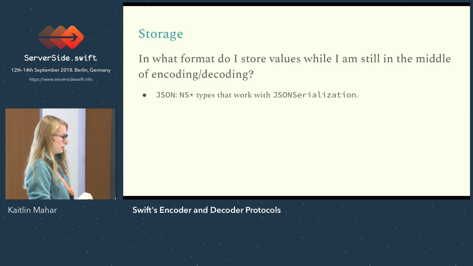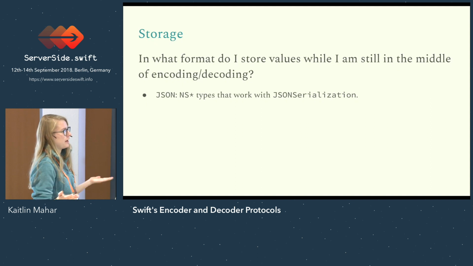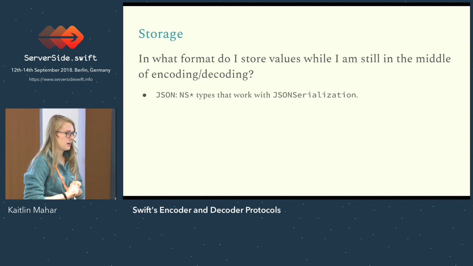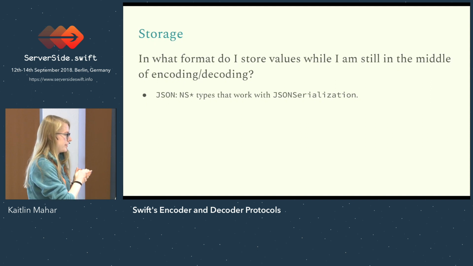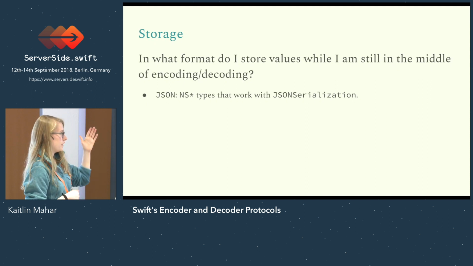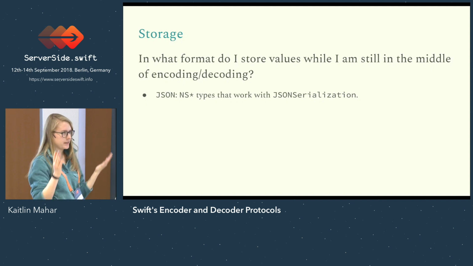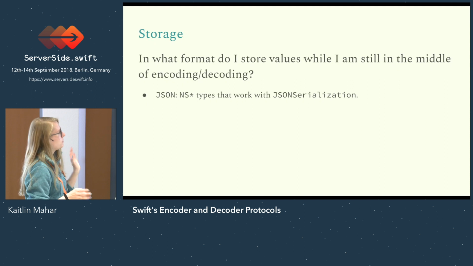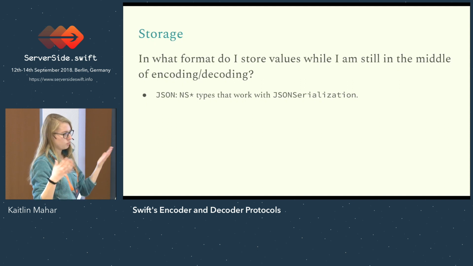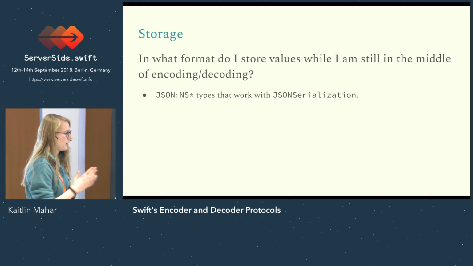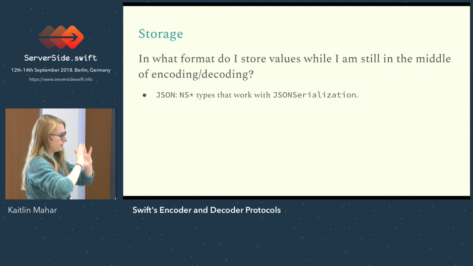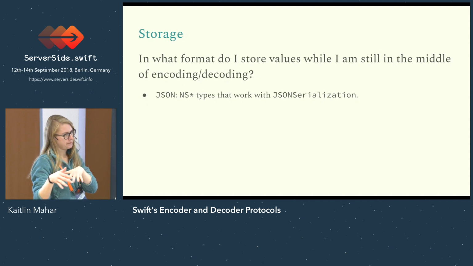For JSON encoder and decoder, the way that Apple actually converts things to JSON and parses JSON is by using JSON serialization. And that will work with a bunch of the NS types, like NSArray, NSString, and that kind of thing. So as soon as you put a value into a JSON encoder, it gets converted to an NS whatever, the corresponding one. And it stays that way until the very end, when the whole thing gets passed to JSON serialization.